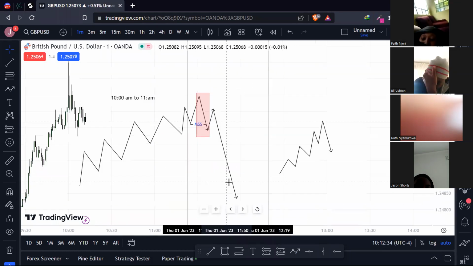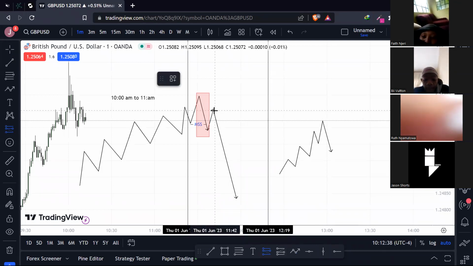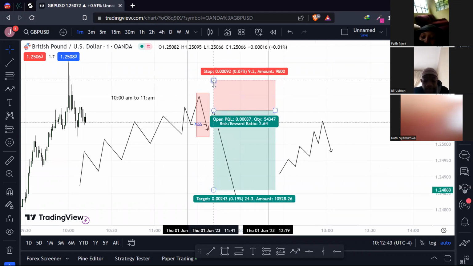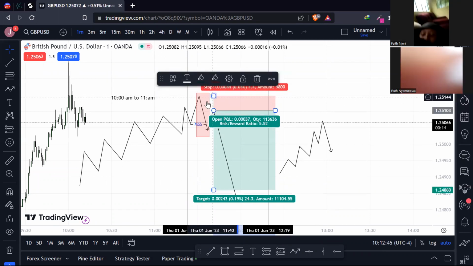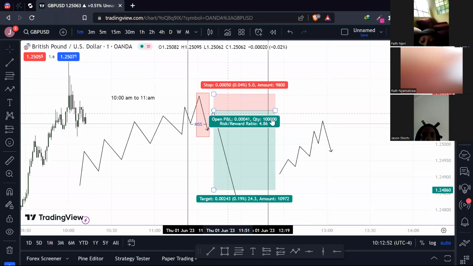So our entry will be from here, and our stop loss will be right above the high, like 1 pip above the high. So this will be our entry model.